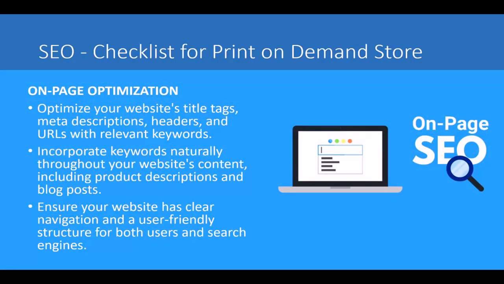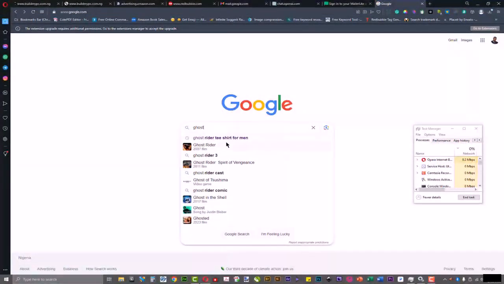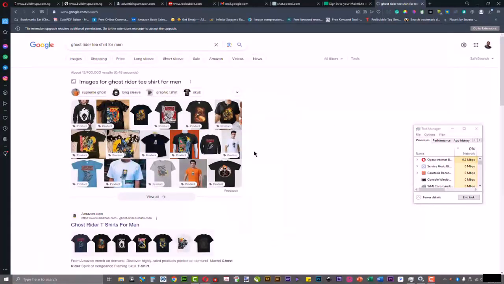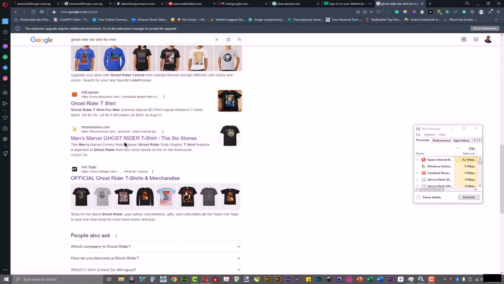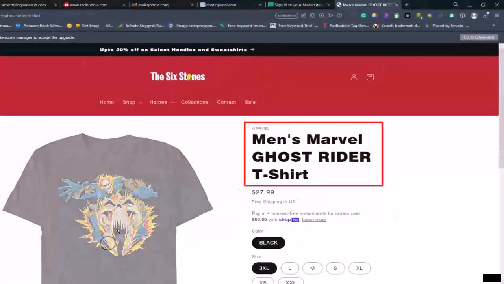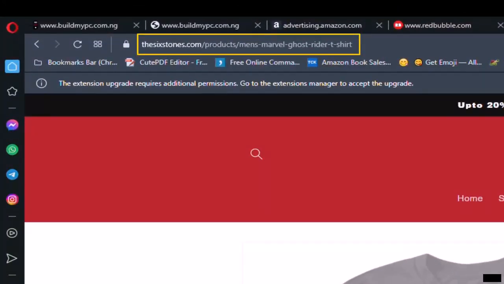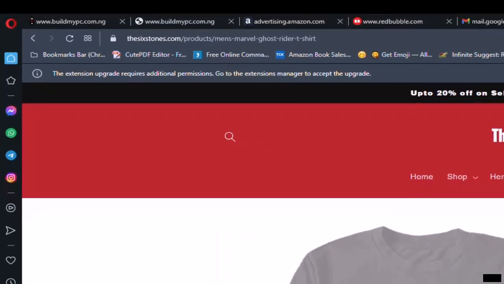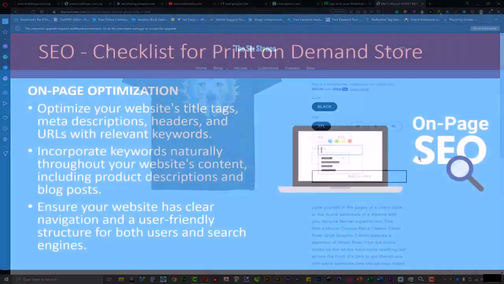Now let's talk about on-page optimization. What we mean by on-page optimization is the aspect of SEO that deals with what you put on your page, on your product pages, or in your product descriptions. You have to optimize your title tags, your meta descriptions, your headers, and your URLs with relevant keywords. Make sure your product pages have these keywords embedded inside them.